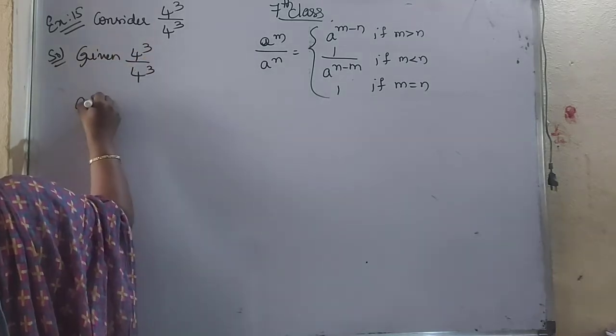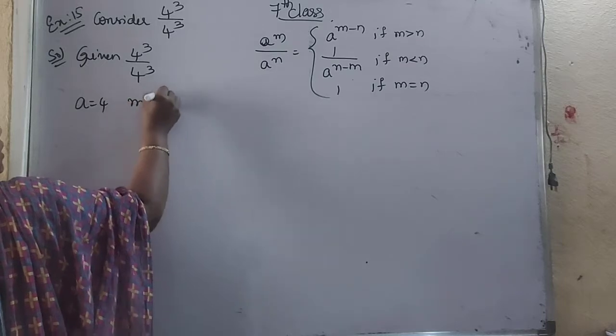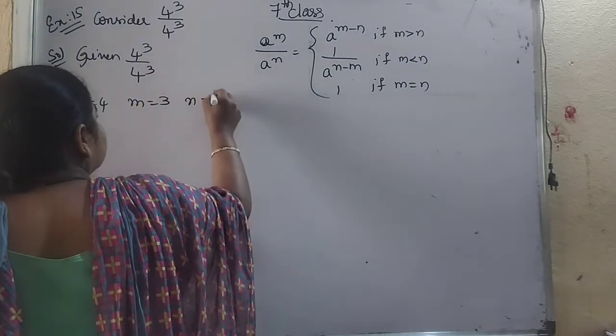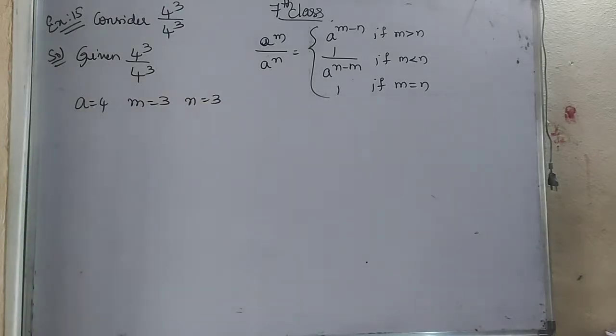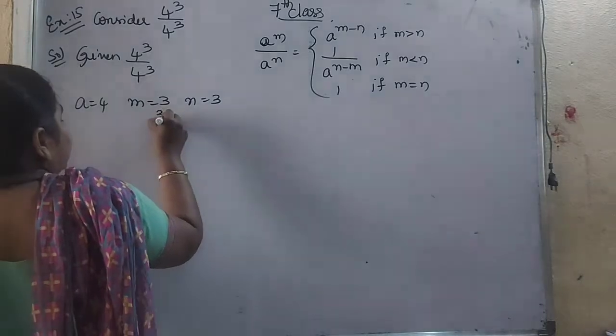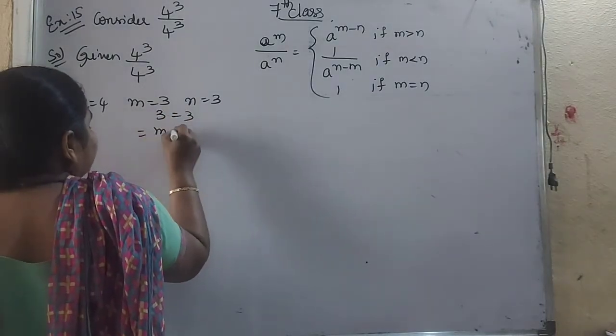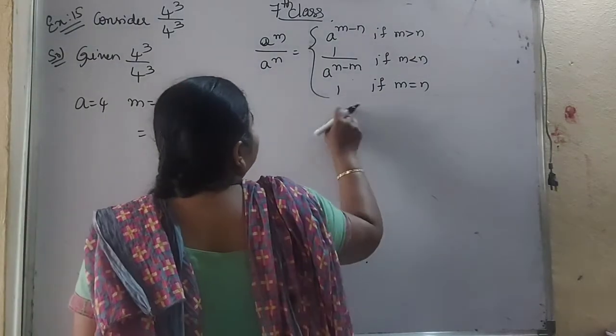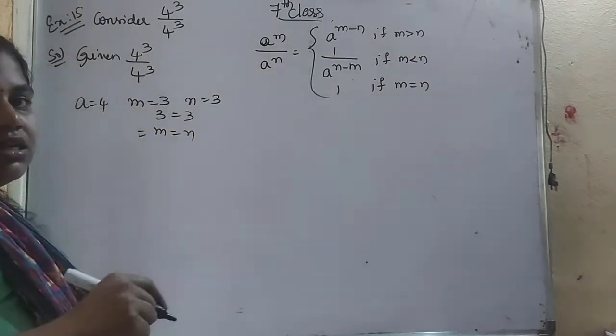So we can take the a value as 4, the m value as 3, and the n value as 3. So when the m value and n value are equal, here 3 is equal to 3, that means the m value is equal to the n value. Whenever the m and n values are equal, what will we get as the answer? We will get the answer as 1.